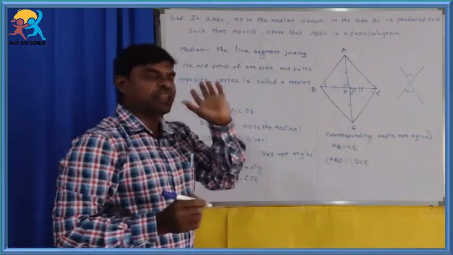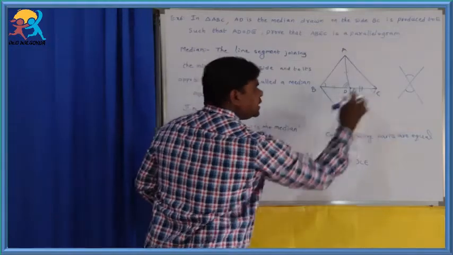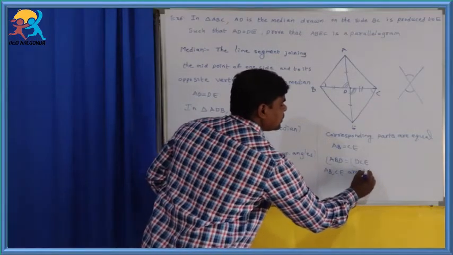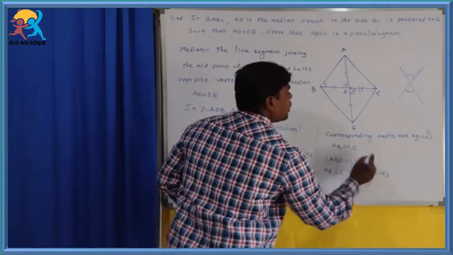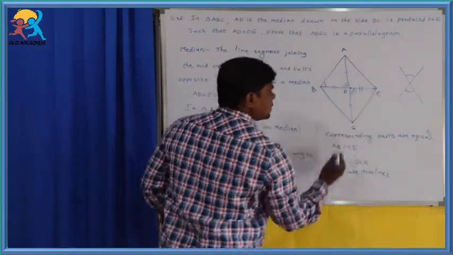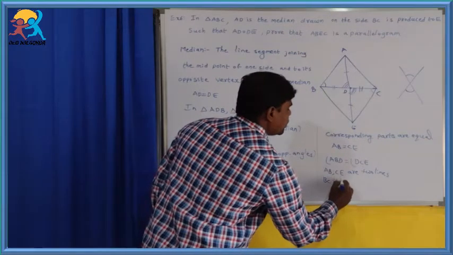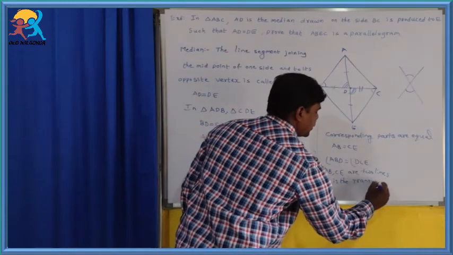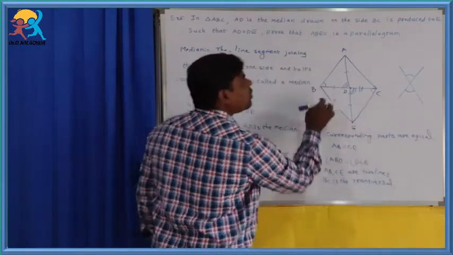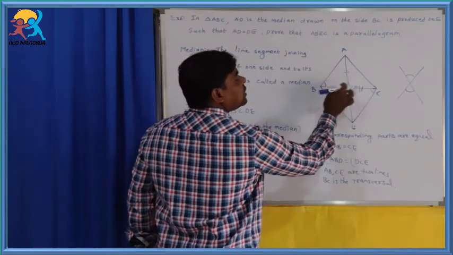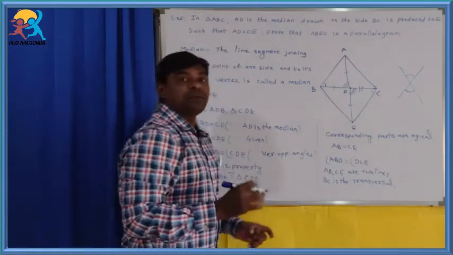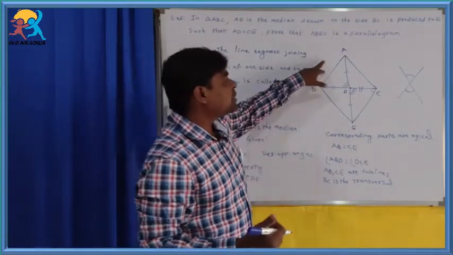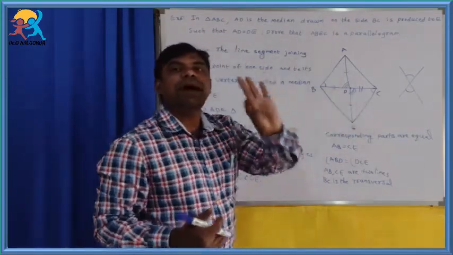Just recall one more thing. AB and CD are two lines, AB and CE are two lines and BC is the transversal, because this is intersecting the two lines at different points. Now itself we got that these two angles are equal. Actually these two angles are equal when the two lines are parallel.